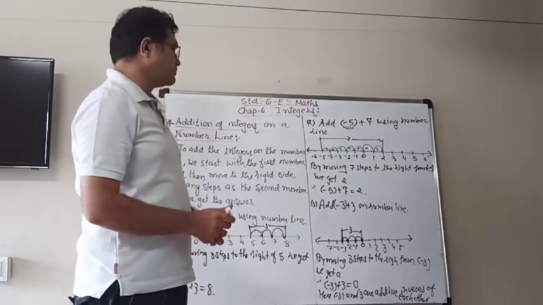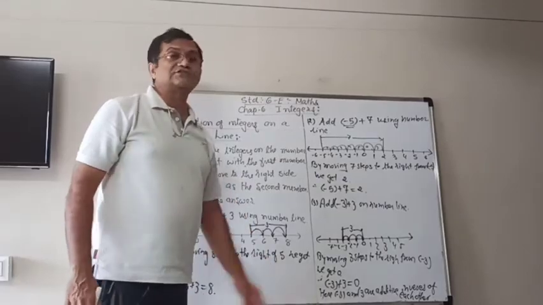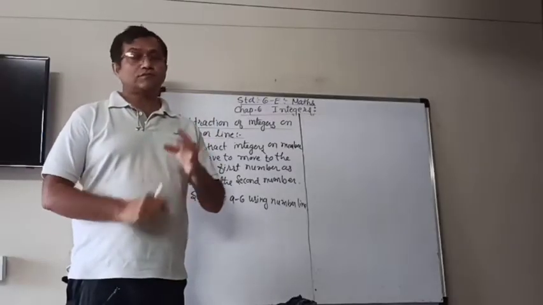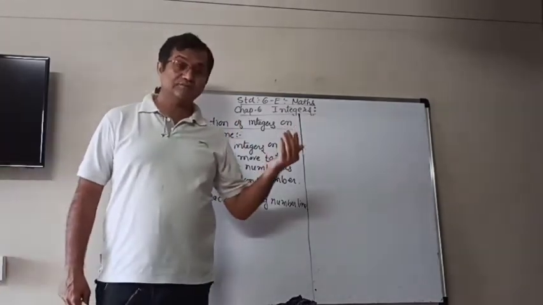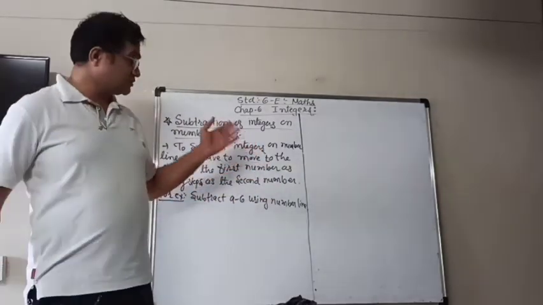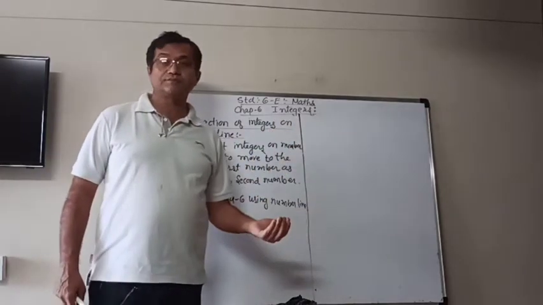So when the sum of them is 0, they are known as the additive inverse of each other. Now, in the book, the subtraction comes later, after this explanation and the exercise also.